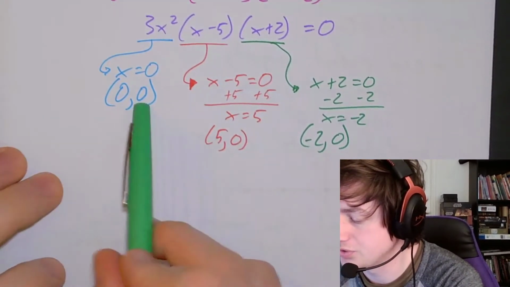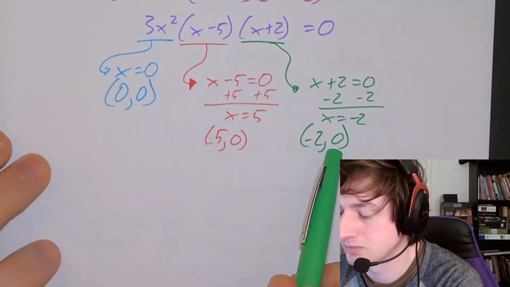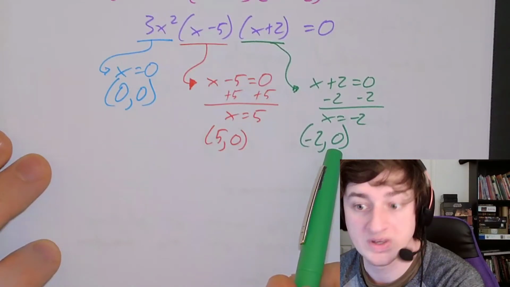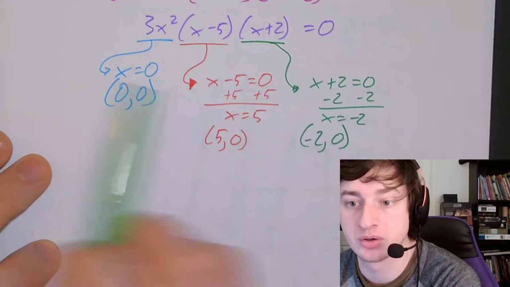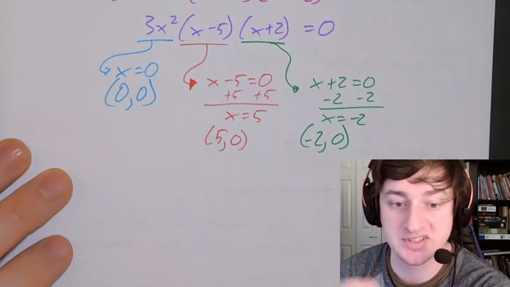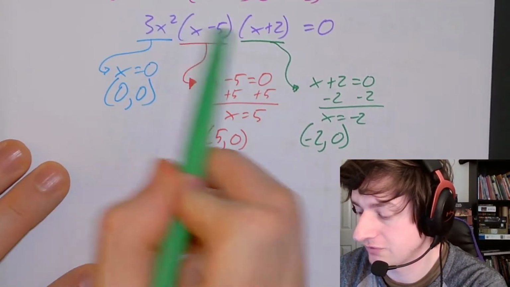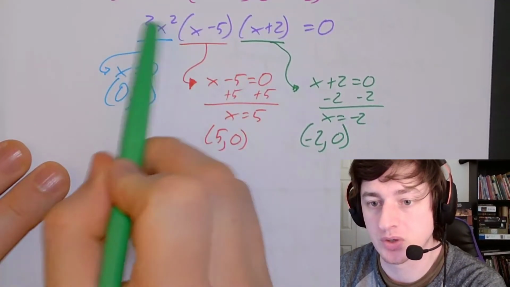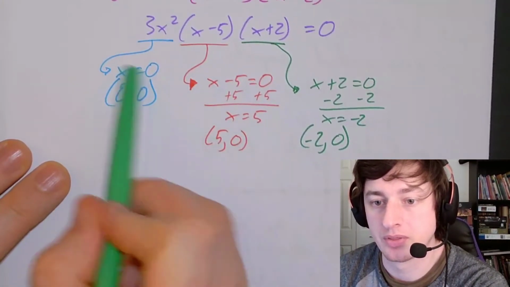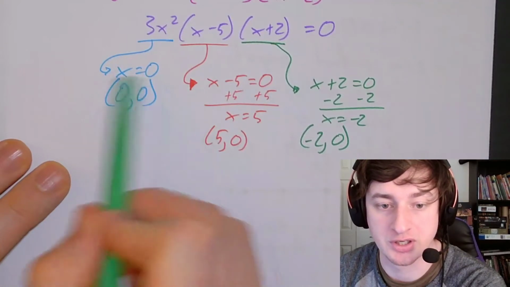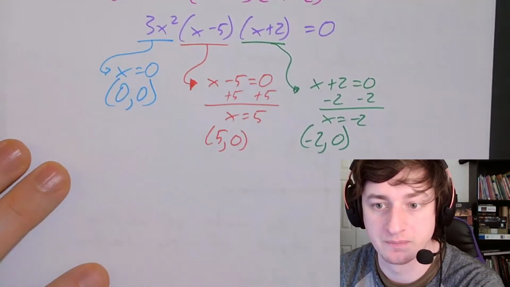So those are our 1, 2, 3 solutions. Really, it's 4. We should have the same number of solutions as there are x's. So there's 1, 2, 3, 4 x's here. The x squared counts as 2. Remember, there's a double solution right here at x equals 0.